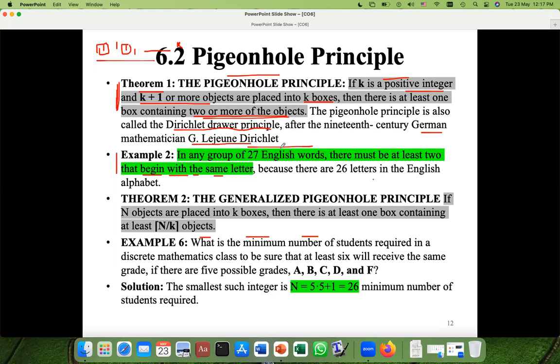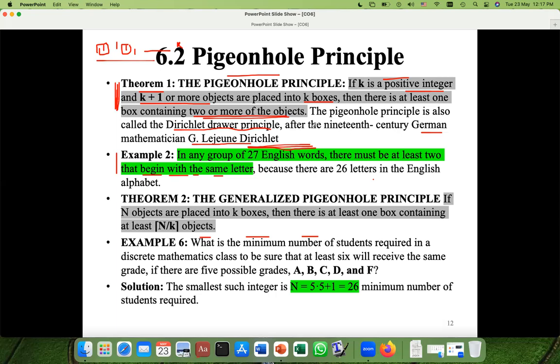And if you have 27 English words, then what is the possibility? If each word begins with a different letter, then 26 of these 27 words will cover all the letters, and the one extra would be the repetition.